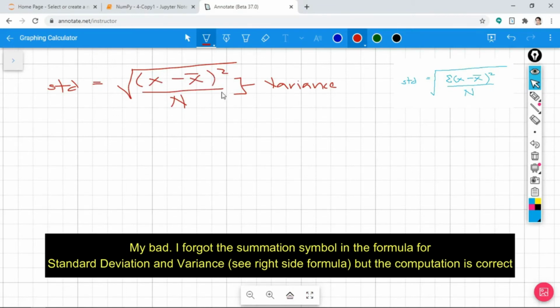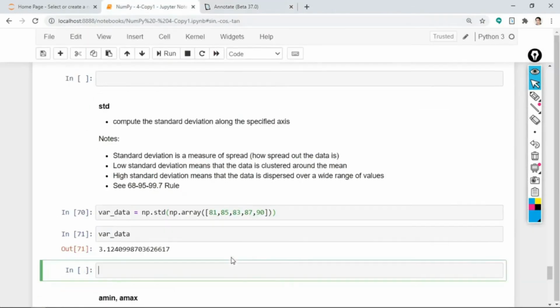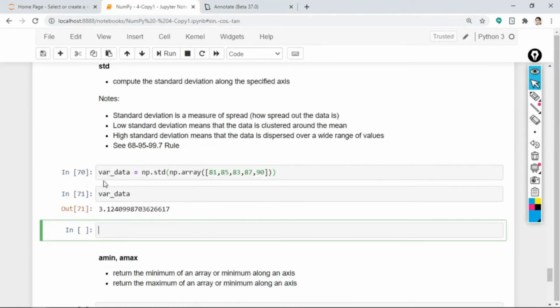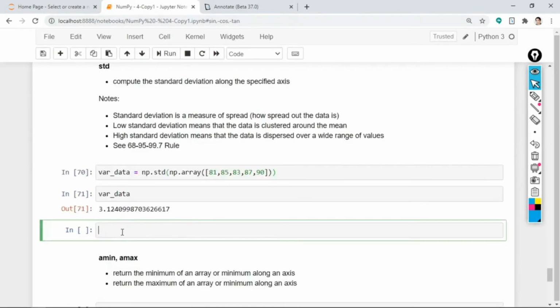So let's try solving this one. This is just a review for your statistics. Okay, so what will be the mean of our previous data? So for example, we want to compute the STD. So the mean here, let me compute the mean.